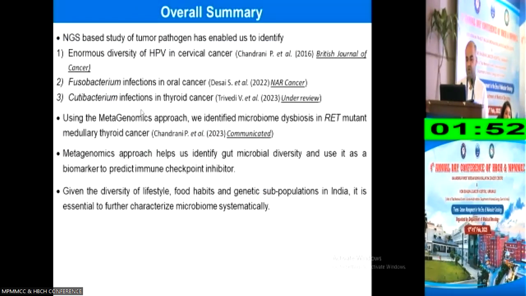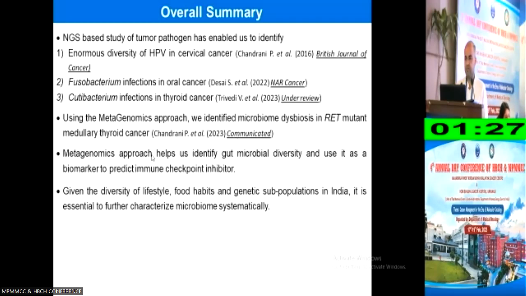Furthermore, what I have also shown is an expanded metagenomic approach to identify dysbiosis of the overall microbiome, wherein we have discovered that RAS mutation also drives such dysbiosis, and further functional studies are being conducted. This study is already communicated, and I hope it will be available in the public domain soon.